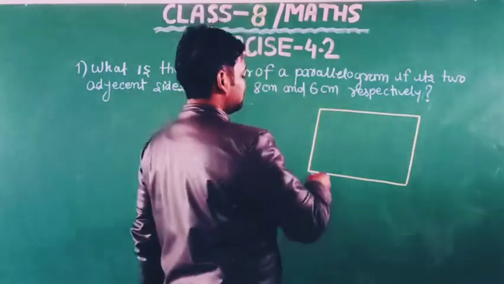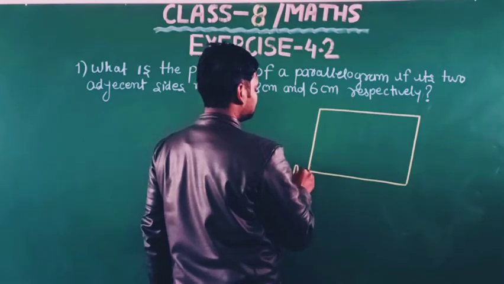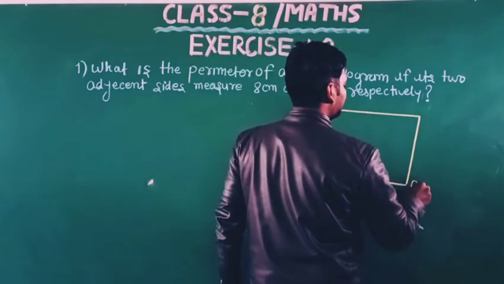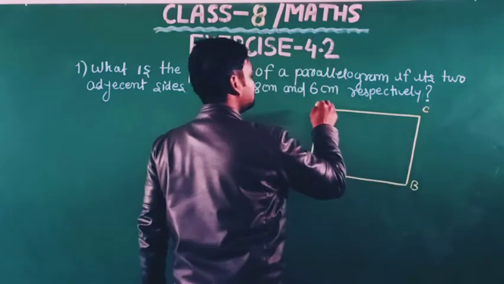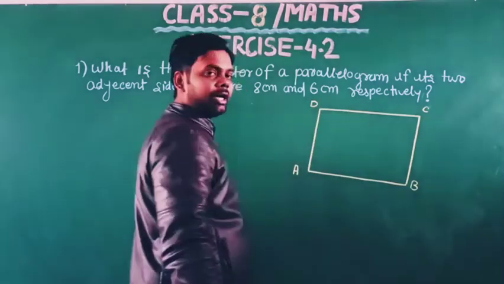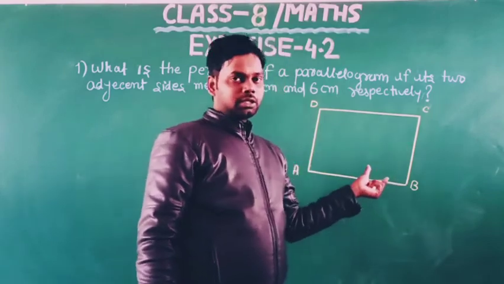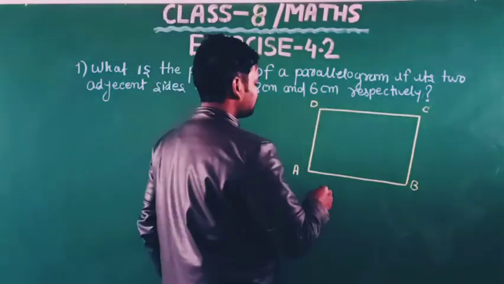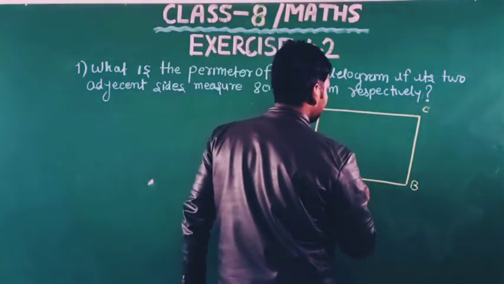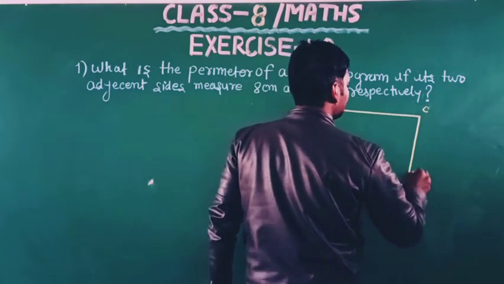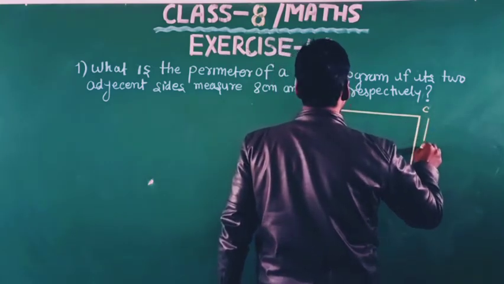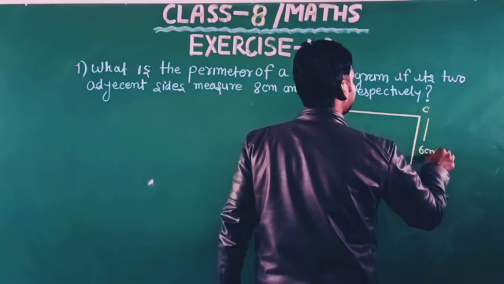So this is a parallelogram ABCD, and here AB and BC are adjacent sides. AB is given as 8 centimeter and BC is 6 centimeter.